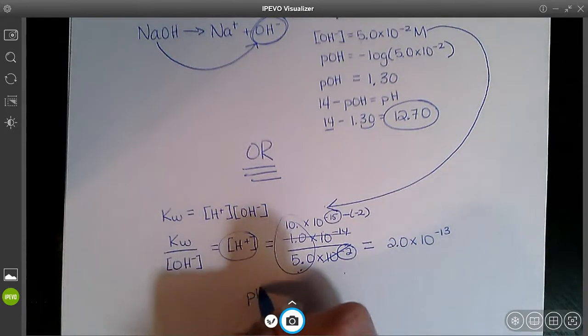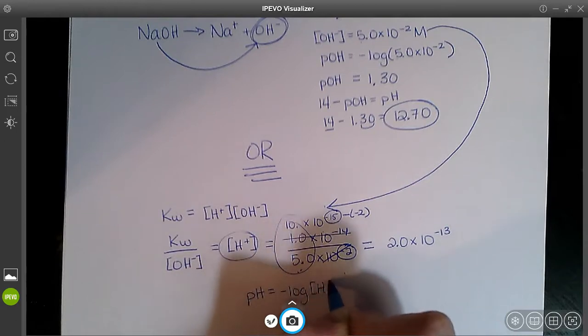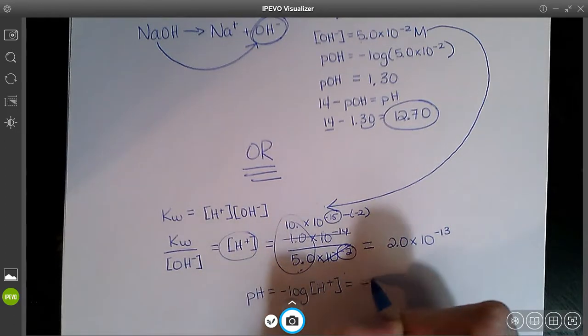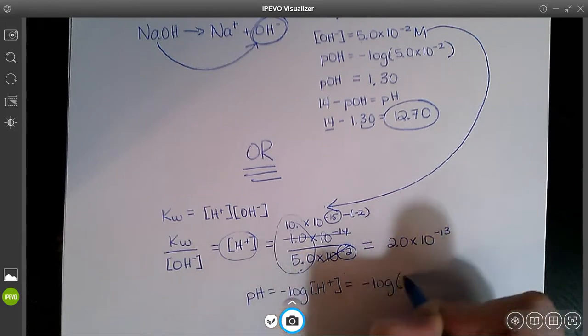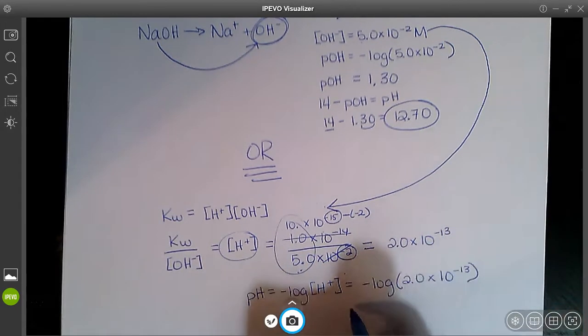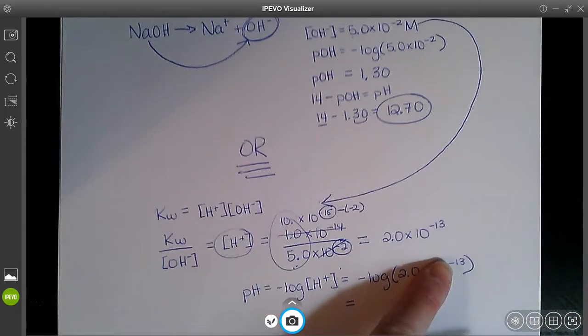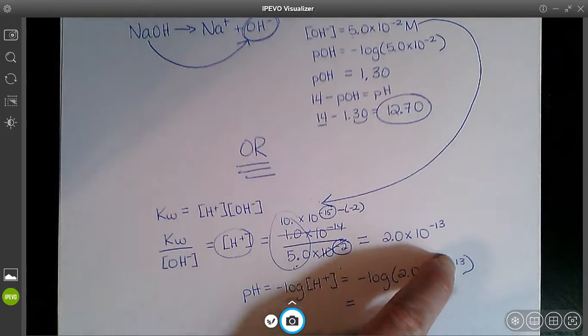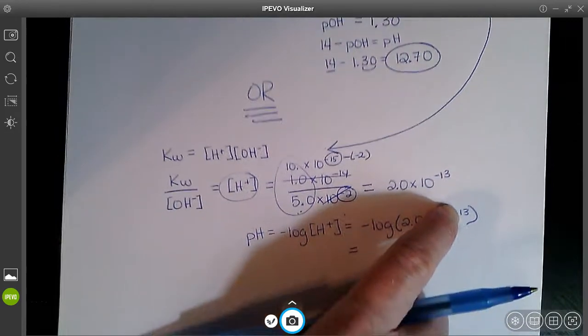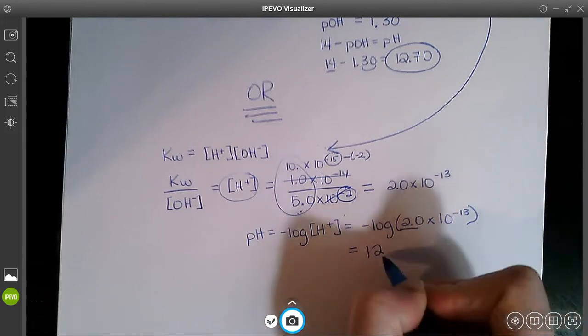So now I found my concentration of hydrogen ions. From there, I can easily find the pH because I do negative log concentration of hydrogen ions. So negative log of 2.0 times 10 to the negative 13. So same rules, negative log, look at the top. It's going to be 1 less than the inverse of whatever your exponent is. So that is 12, 2 decimals.